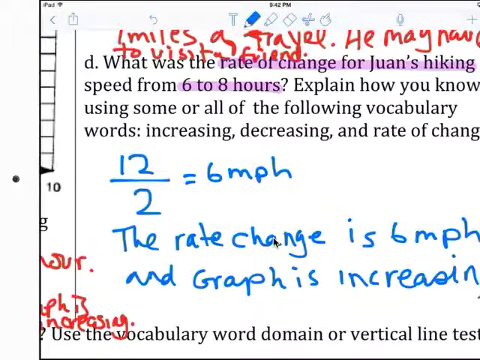How do we know it's 6 miles per hour? By doing distance over time. The rate of change is 6 miles per hour.